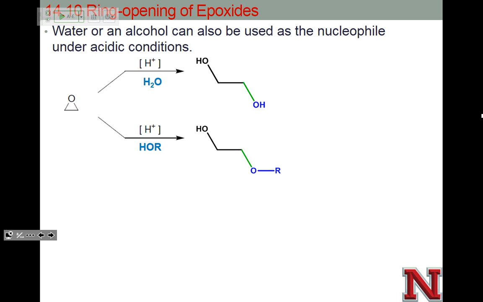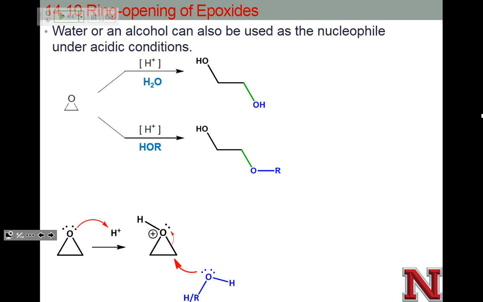If we use our alcohol, we'll get the product like I showed on the board. But of course our first step is protonating the oxygen of the epoxide to make it a good leaving group. So looking at that mechanism, this is the same mechanism that we looked at for anti-dihydroxylation. Again, it gets protonated, and then if this is our alcohol, this is an R group.